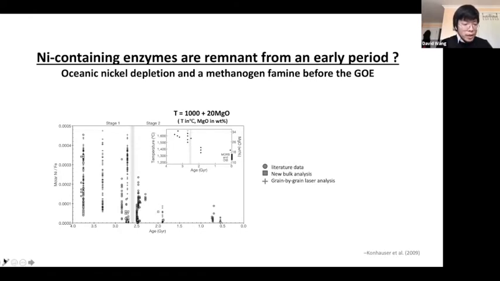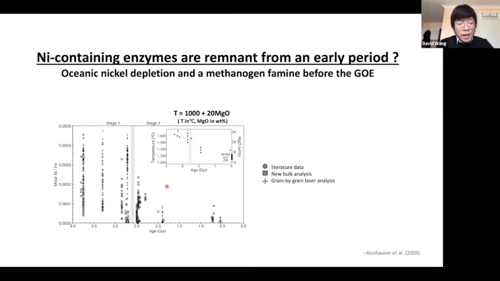As you can see, there's around a 2-4 decrease around 2.5 billion years ago for their nickel to iron ratio, and there's another 2-4 decrease around 2 billion years ago. It suggests a reduced flux of nickel into the ocean at that time.